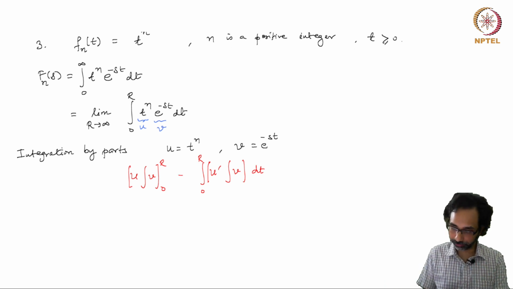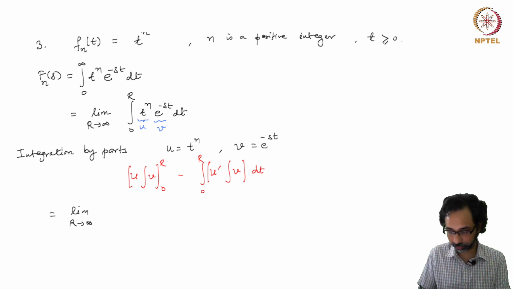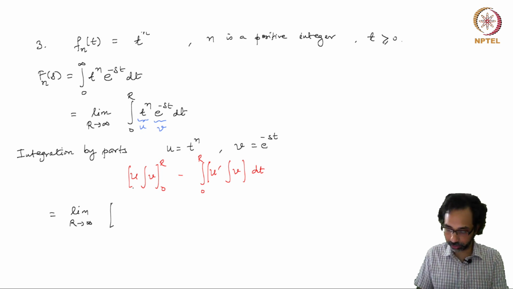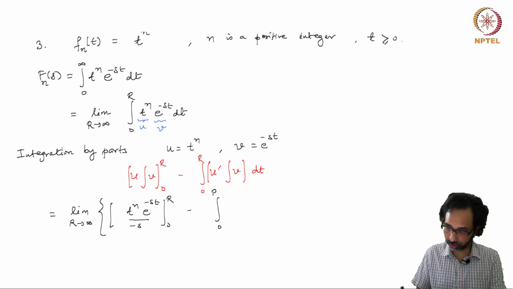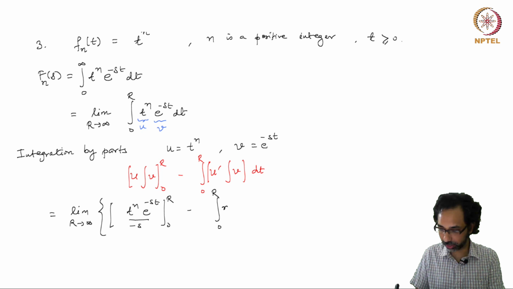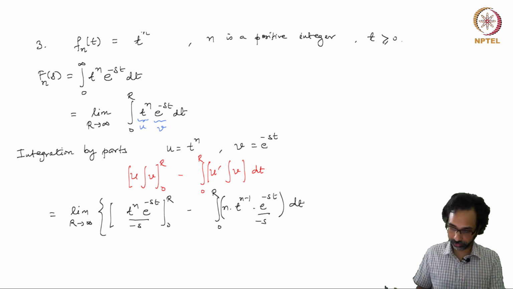So if we apply this formula, what will we get? So remember that we have a limit in front, and here we get t to the n e to the power minus st by minus s from 0 to r, okay, minus integral 0 to r, the derivative of u is n t to the n minus 1, and then again the integral of v, which is e to the minus st by minus s, dt.